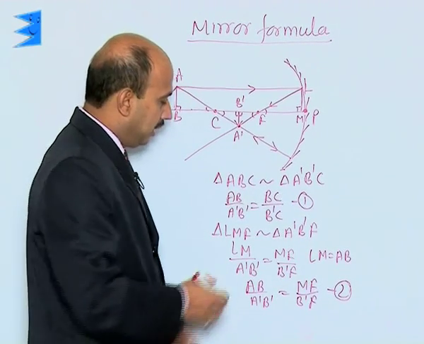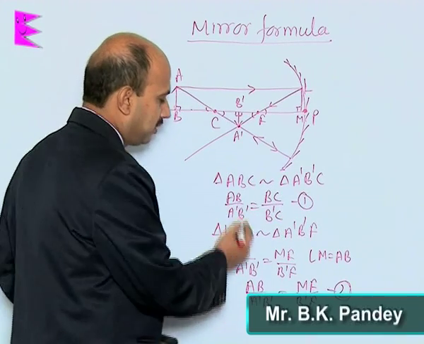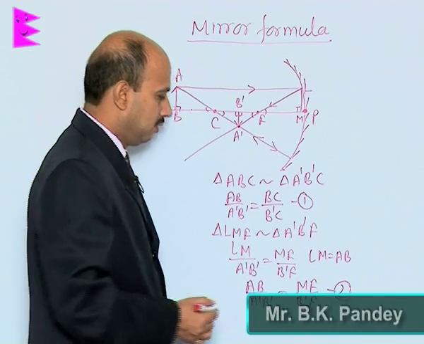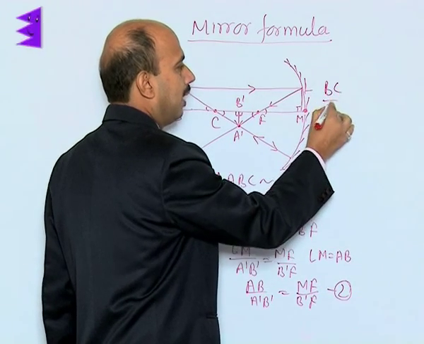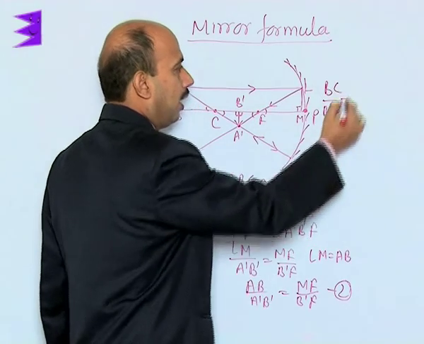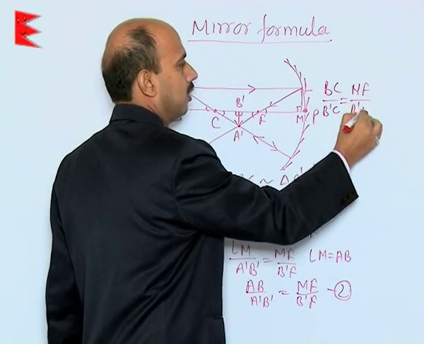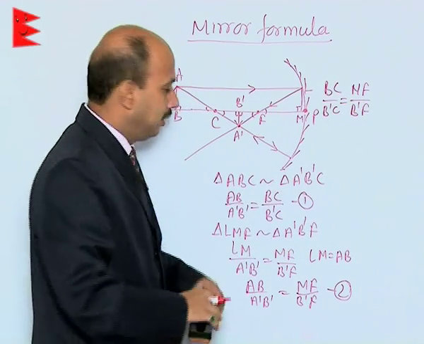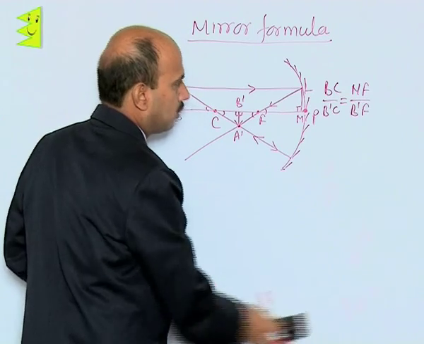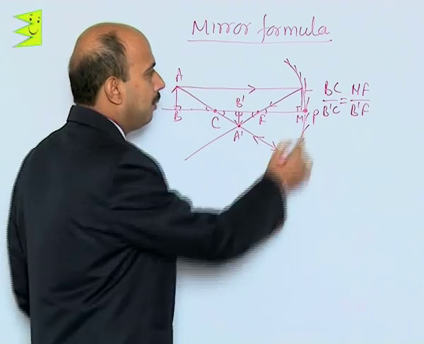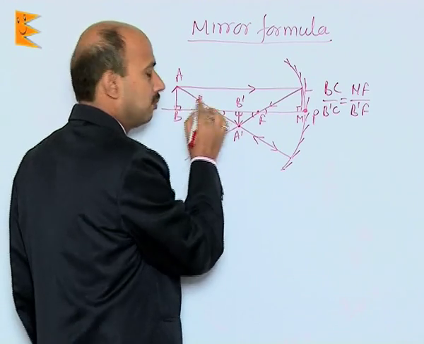Now by taking equations 1 and 2, the left hand sides are equal in both cases. So we can write BC upon B dash C is equal to MF upon B dash F. This is from equations 1 and 2. So now we will solve these. What is BC here? BC is this much.